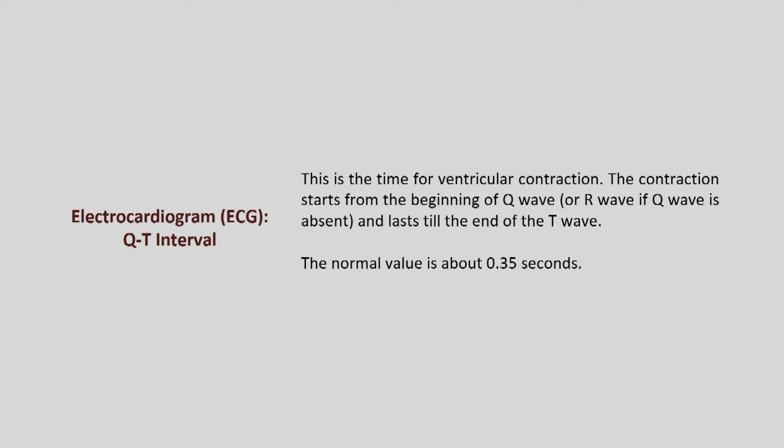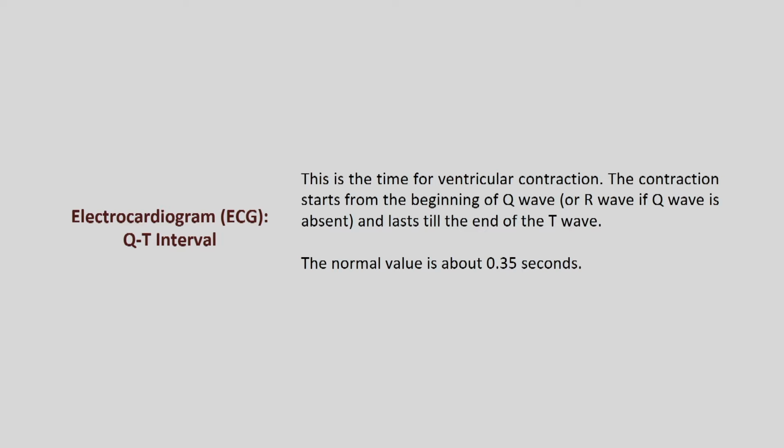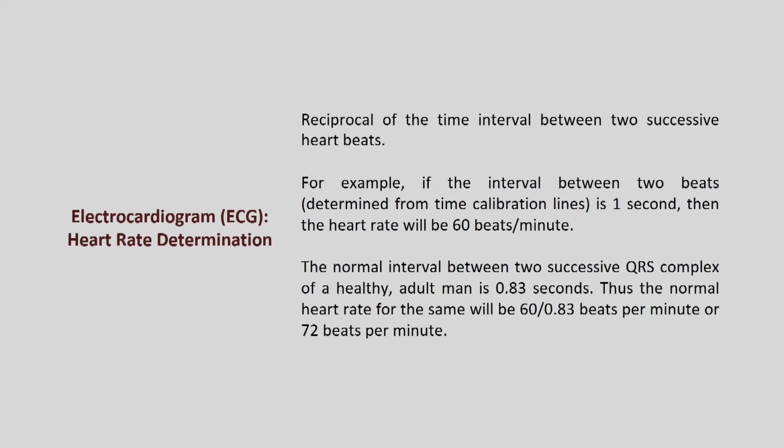The normal value of this total range, from here to here, up to this peak, we call the QT interval, and this is approximately 0.35 seconds.